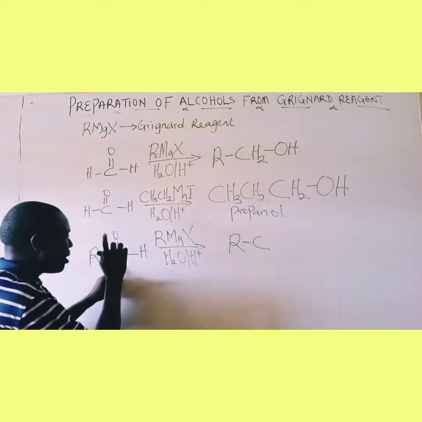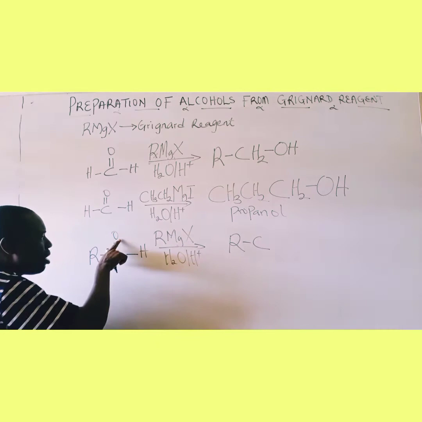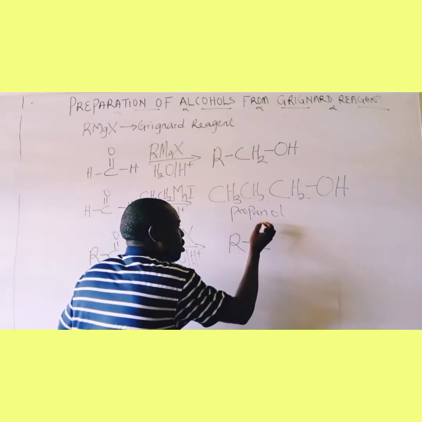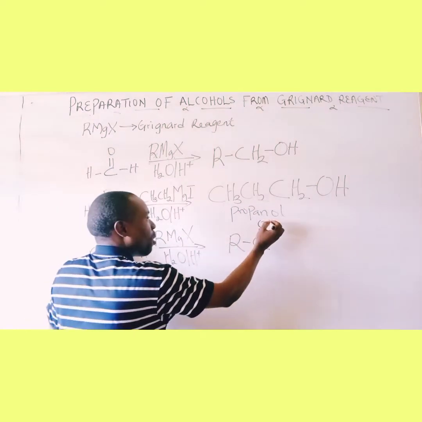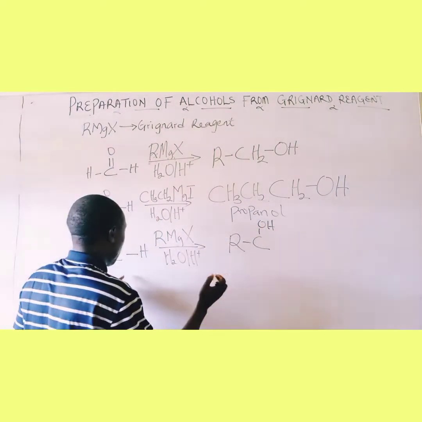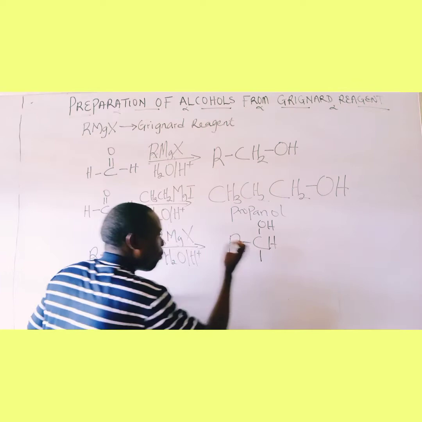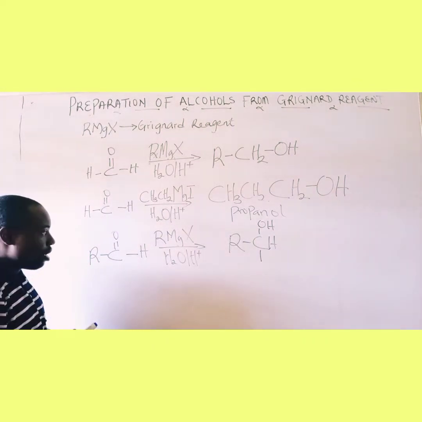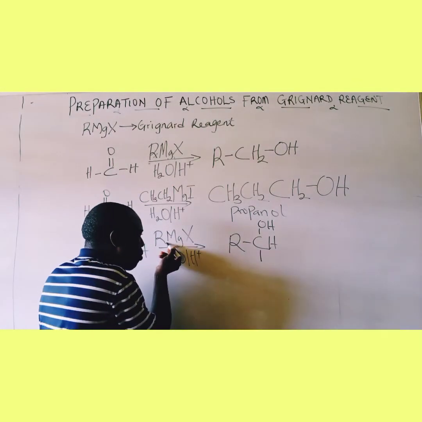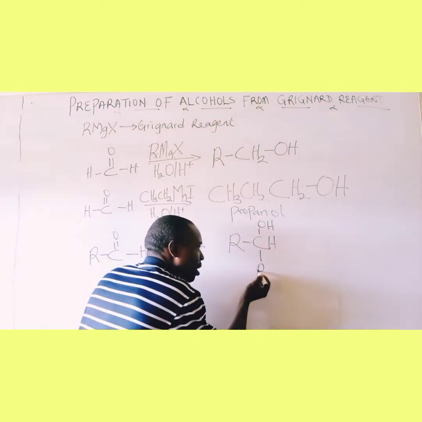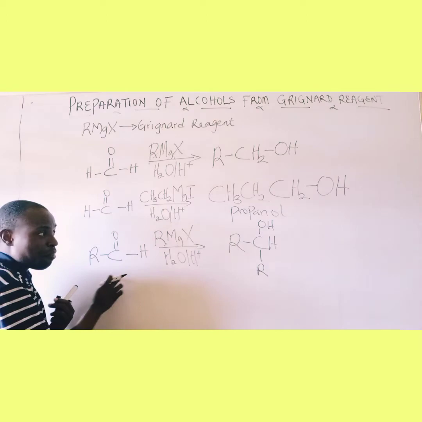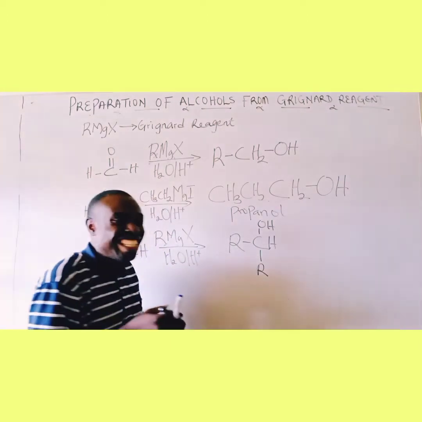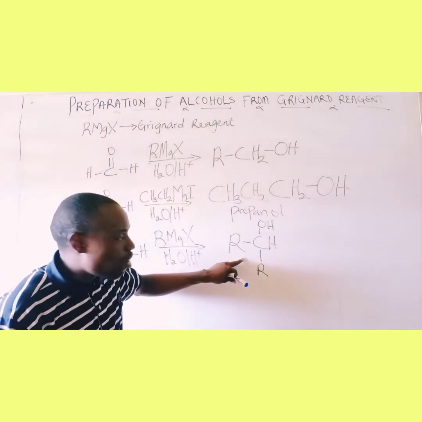When this bond is removed, there will be a transfer of a hydrogen atom to this one, creating room for an empty bond here. So this arrow will then come here. This is any other member of the alkanal giving a secondary alcohol.